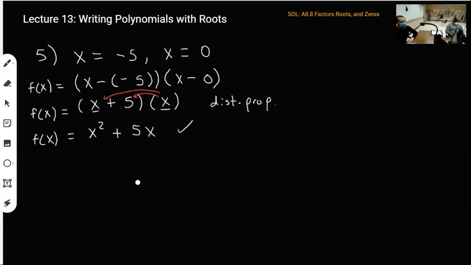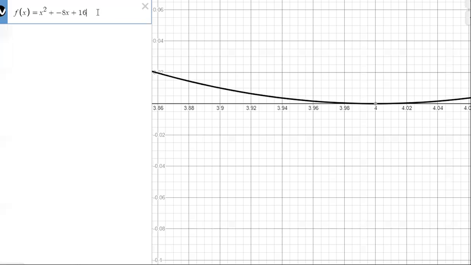Okay. Let's go ahead and graph this and just confirm it. So what we're going to be looking for is where it crosses the x-axis. So let's do x squared plus 5x. Notice for this one, we're not going to have a number at the end. We're just going to have an x squared plus 5x.